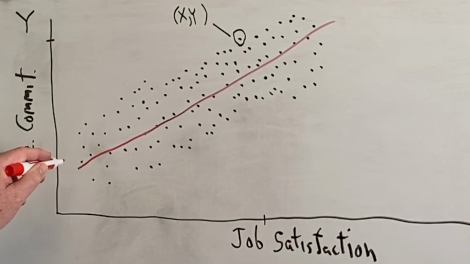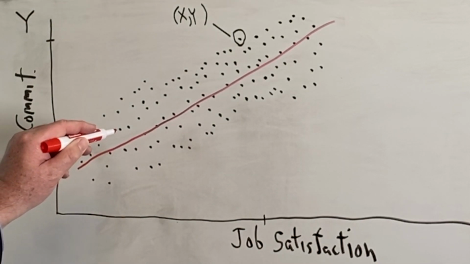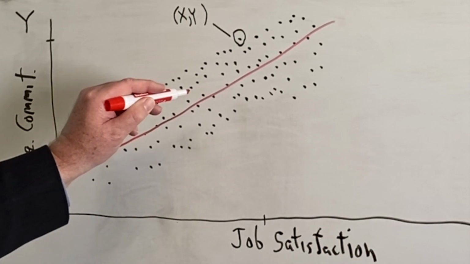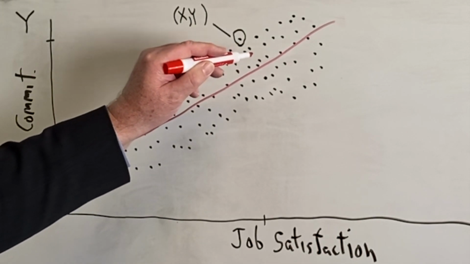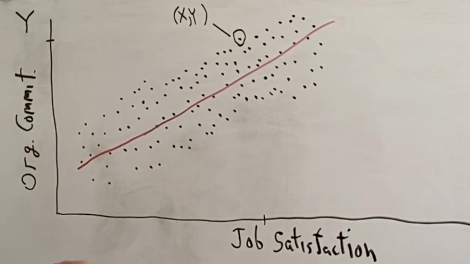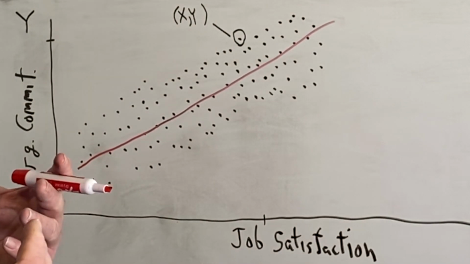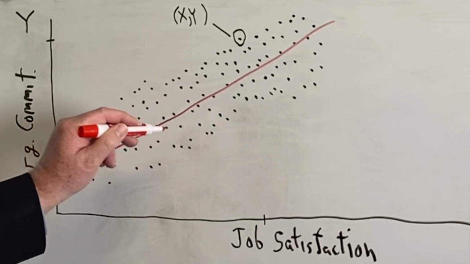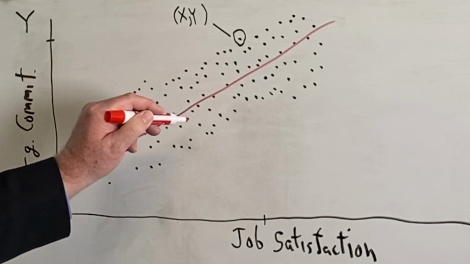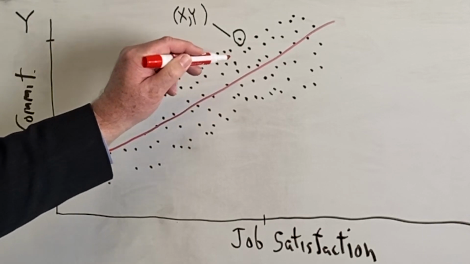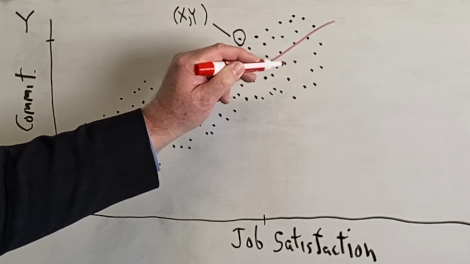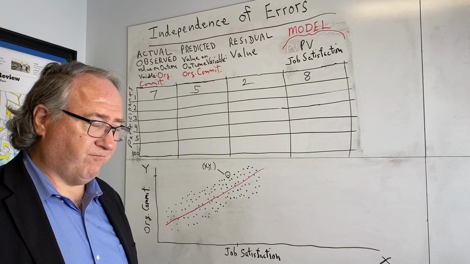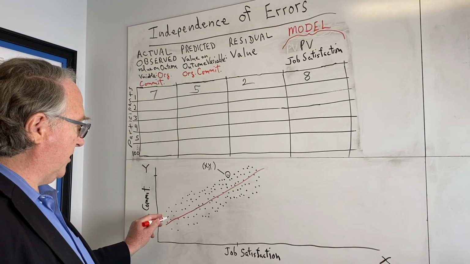It's mathematically determined where it's drawn through these actual observed values so that it is as close as possible overall to these actual observed values. That's why it's called the line of best fit. So here's our regression line.